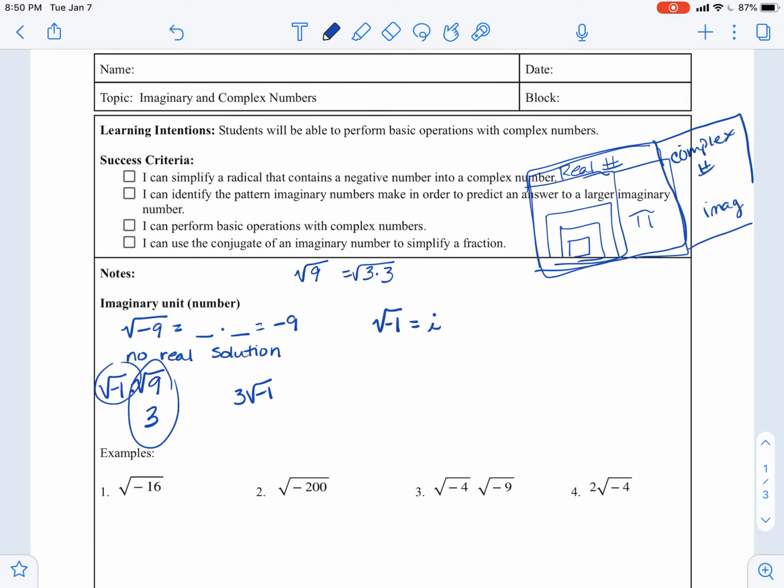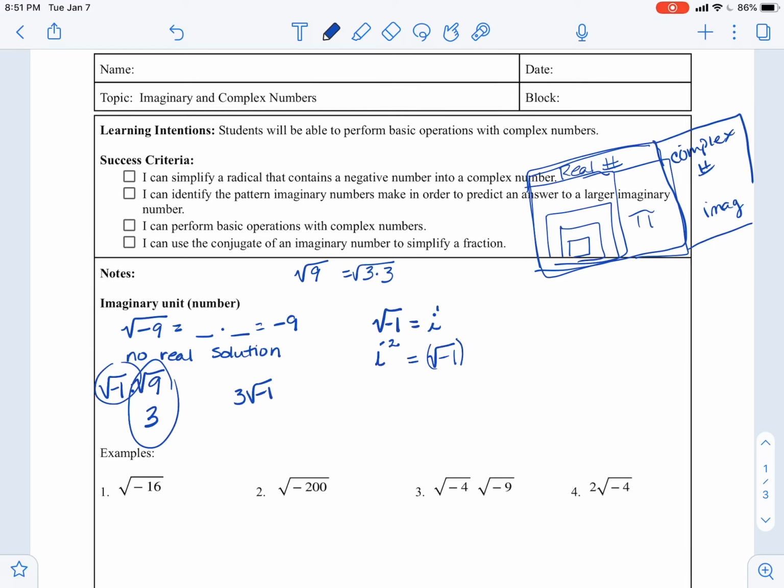Okay? And then we will see later on when we do our complex numbers, if you're starting to multiply imaginaries, then we had to have something more than just an i to the first power. And so then we start talking about, well, what happens if I take i and I square it? We had the square root of a negative 1.